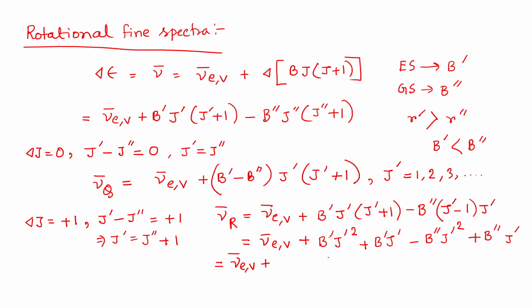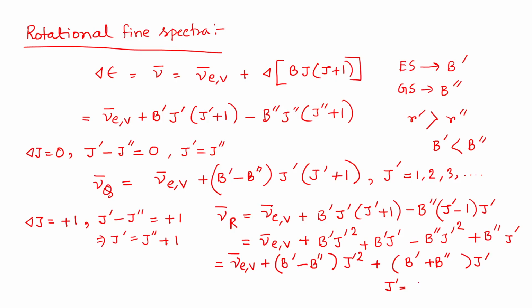So let us first take the one common in terms of j dash square, that is going to be your b dash minus b double dash, right? And then we can take in common of j dash, that is b dash plus b double dash. And here your j dash has possible values. What do you think the possible values of j dash are?